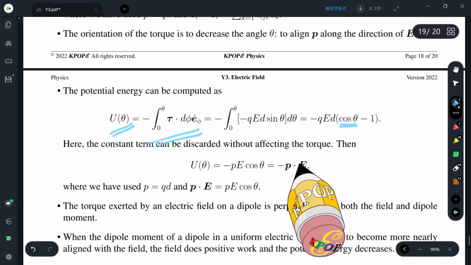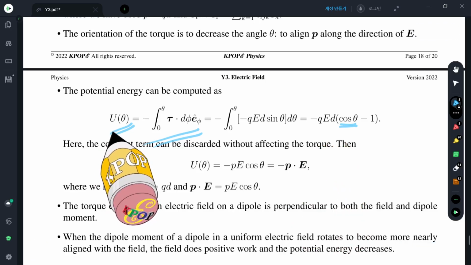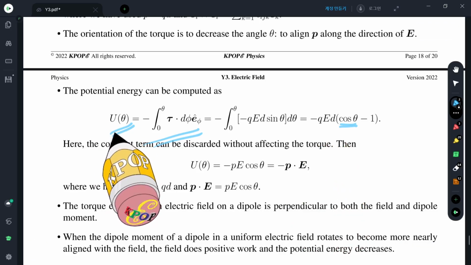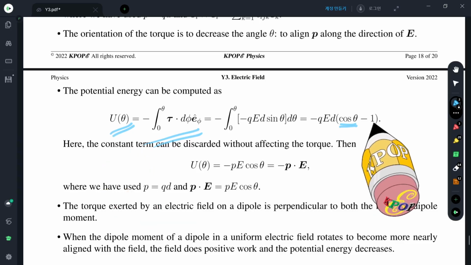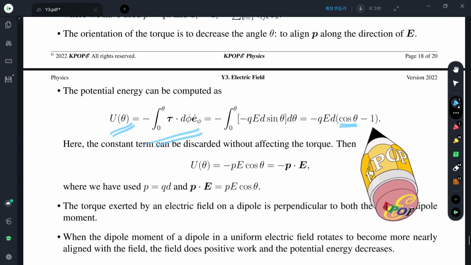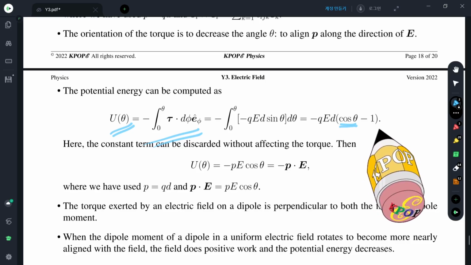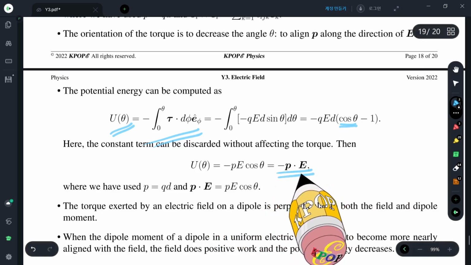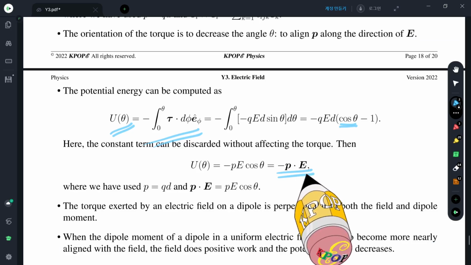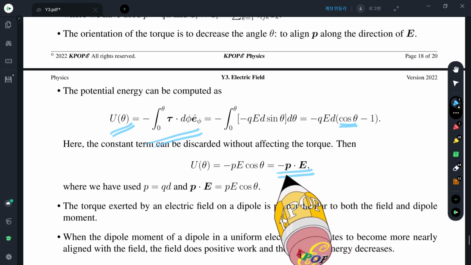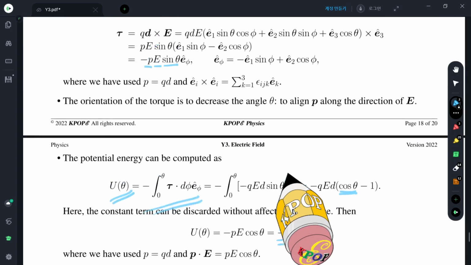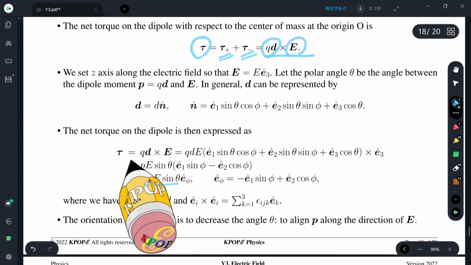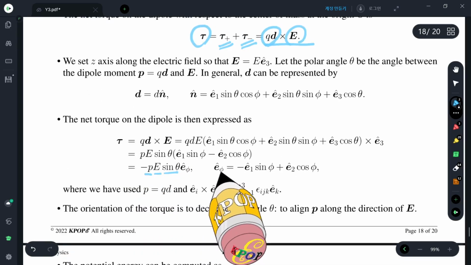In such a way, we can redefine this potential energy by subtracting the constant term that does not contribute to the actual equation of motion. So simply, the potential energy of an electric dipole in a constant electric field E is minus P dot E. And the torque is P cross E.